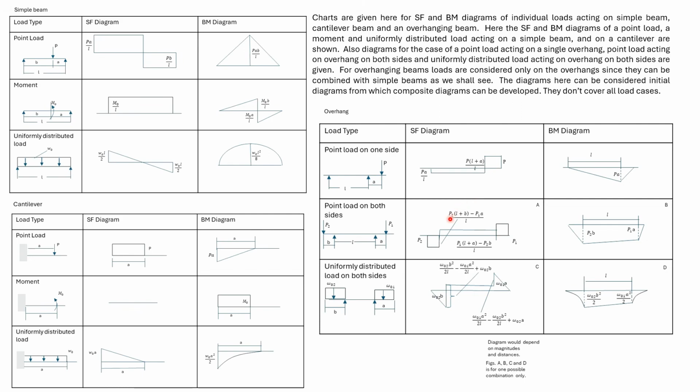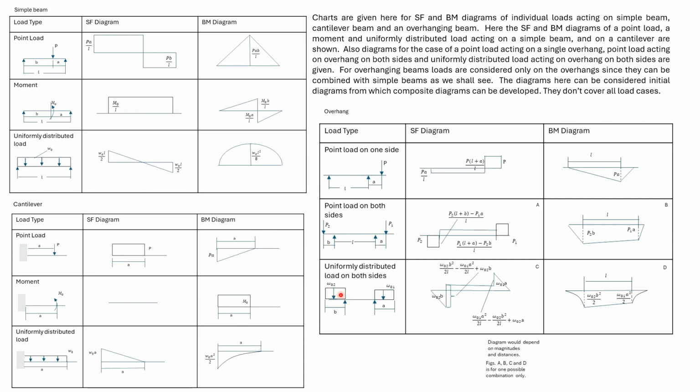We say possible because the actual diagram will depend upon the magnitude of the loads and the distances. The bending moment on both overhangs is linear, and the points at the supports are connected by a straight line.